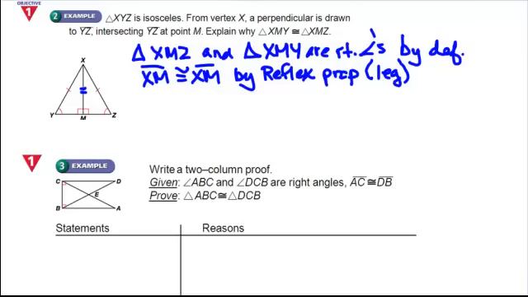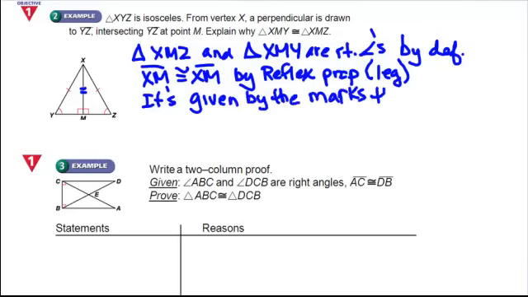I can also see that it's given by the marks that XY is congruent to XZ. And these parts, just so you can see, are the hypotenuse of each triangle.